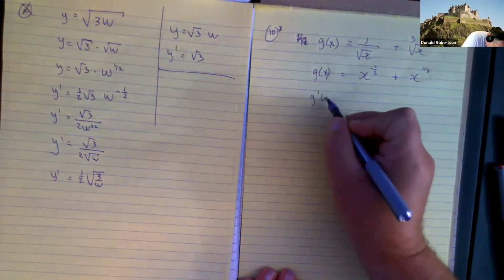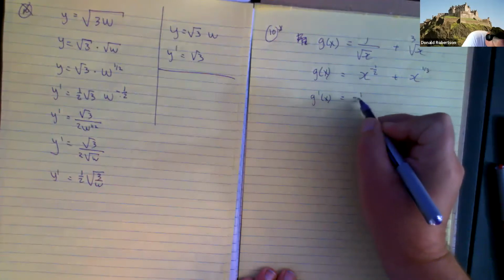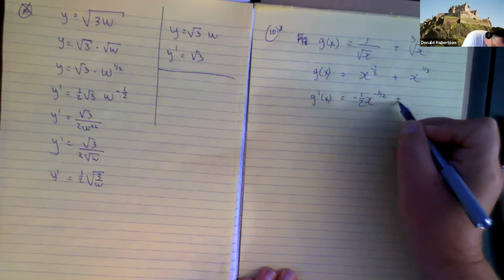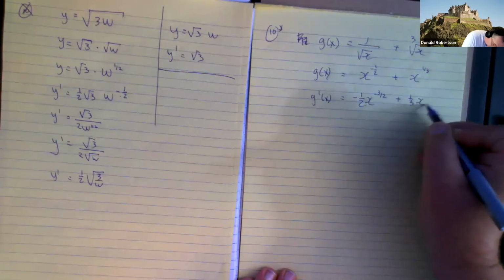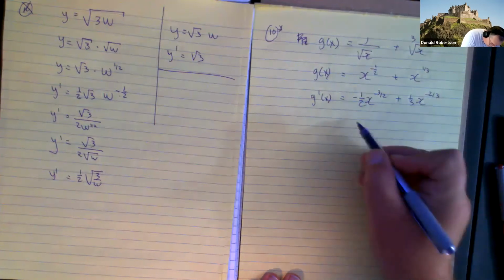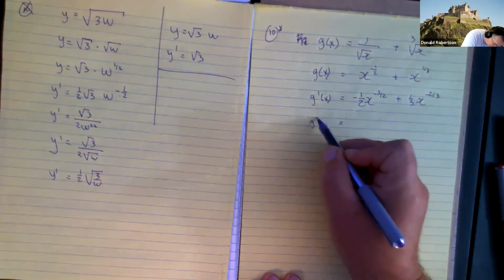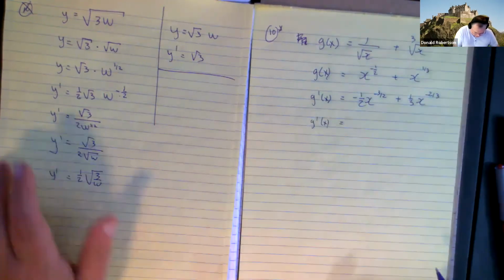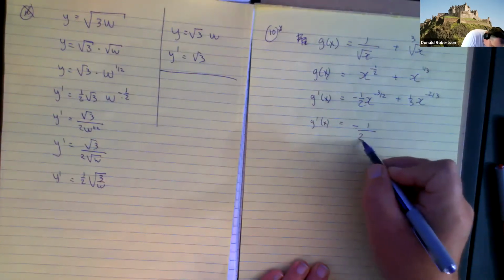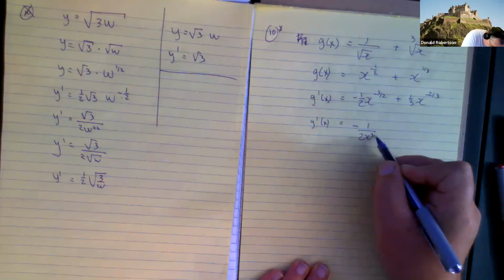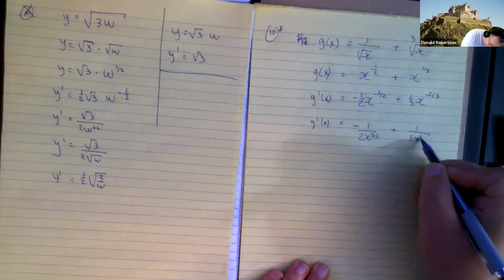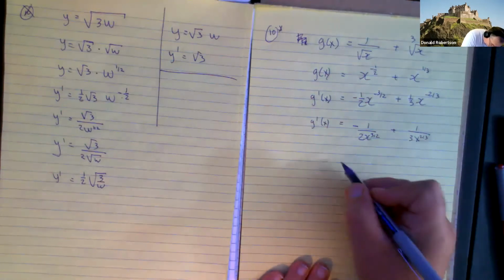Now, you want to differentiate this guy: multiply by the power, and reduce the power by 1. Multiply by the power, and reduce the power by 1. And these guys now have a bit of algebra to do. We've got to make it look like the original. So I'm going to do that guy for him, and that one for him.